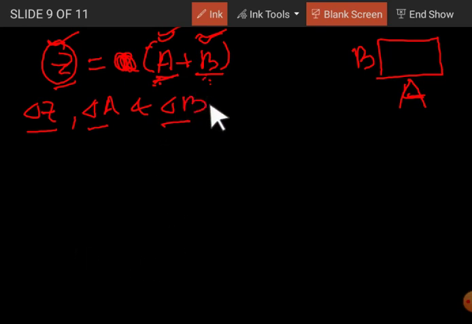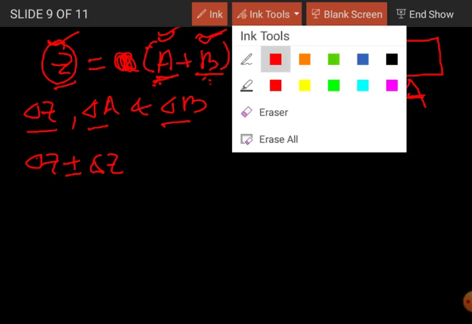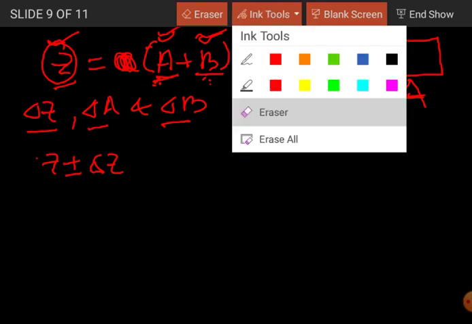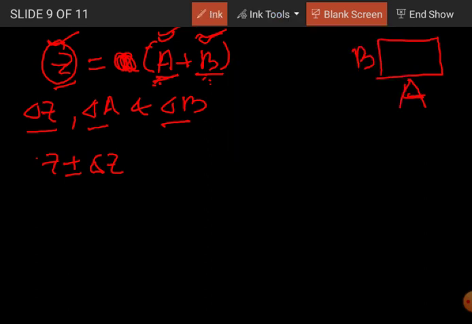Then their measured value will be, for Z, Z plus minus delta Z, do you remember? The measured value will lie from Z minus delta Z to Z plus delta Z.